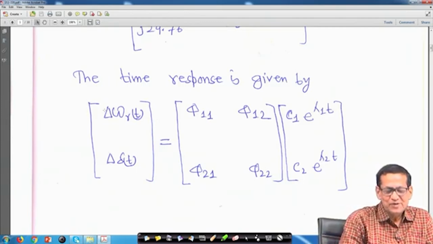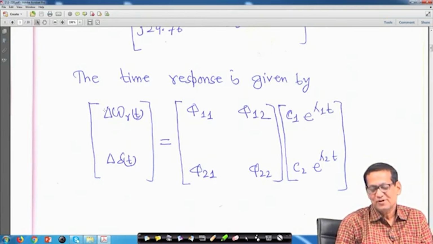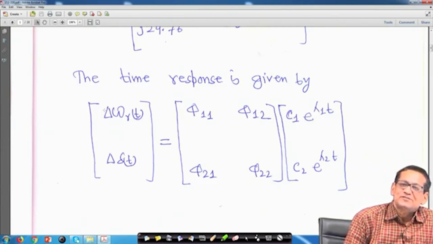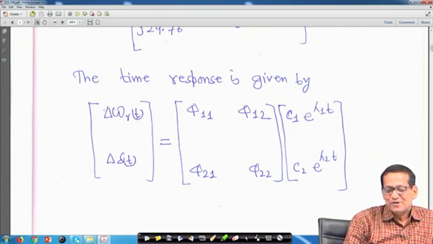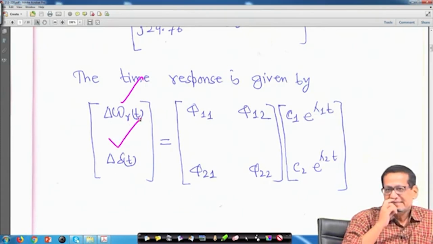So, time response is given by, as we have seen earlier in general, delta omega r t and delta t will be phi 1 1, phi 1 2, phi 2 1, phi 2 2, then C 1 e to the power lambda 1 t, C 2 e to the power lambda 2 t. If you go back to that equation, the time response of delta x we wrote in terms of phi and C 1 for a particular variable I, but here you have two variables, one is delta omega r and another is delta t.